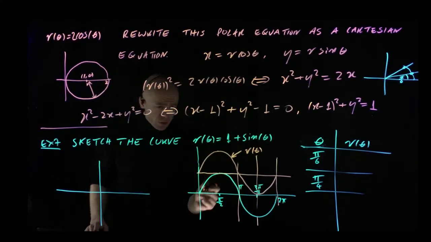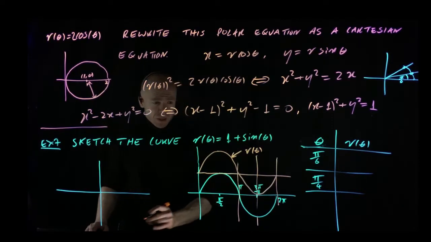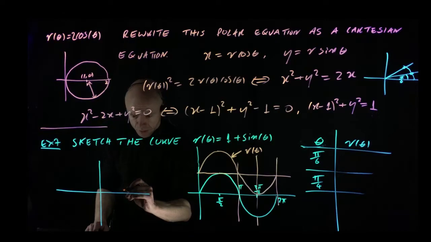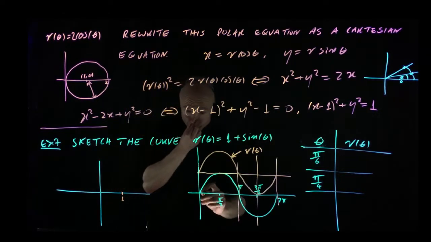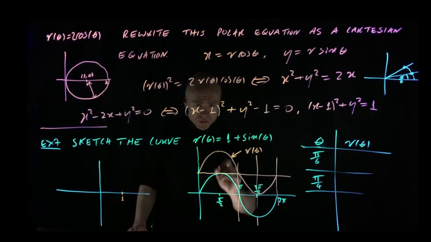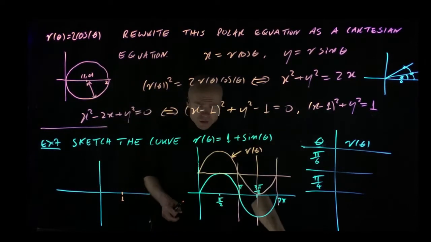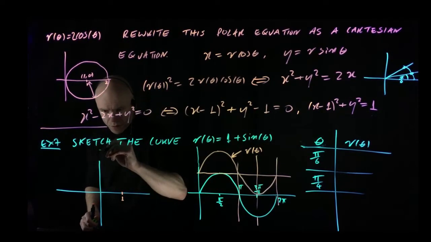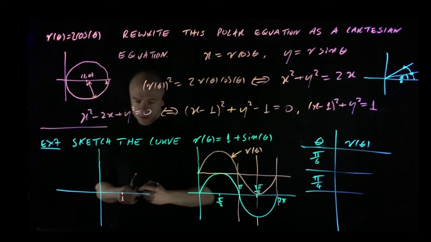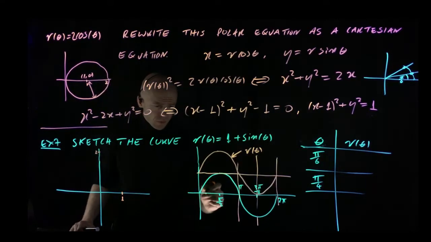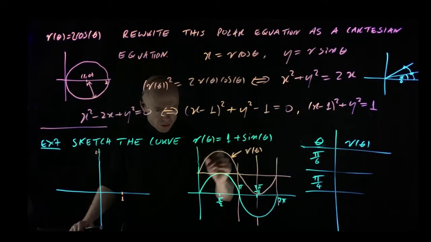So we start when the angle is 0 here, and then we are at 1, so we're here at 1. Should try and give yourself space to draw the thing. So here we are at 1. And as we range from 0 to pi over 2, we're going to go up to 2, right? We're going to go up to 2. So let's extend this picture a bit. This here is 2. And we are somewhat increasing smoothly.